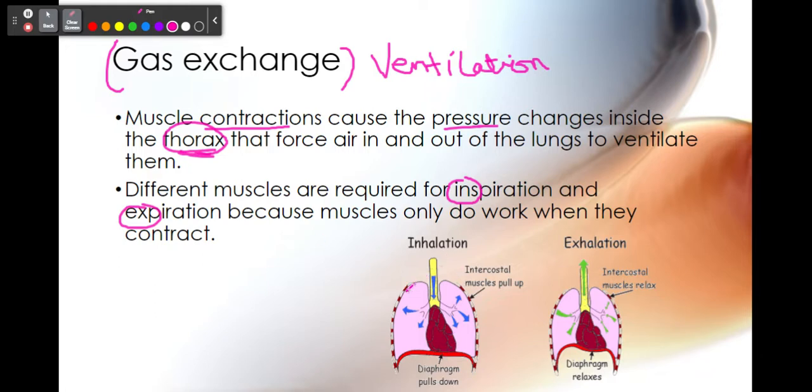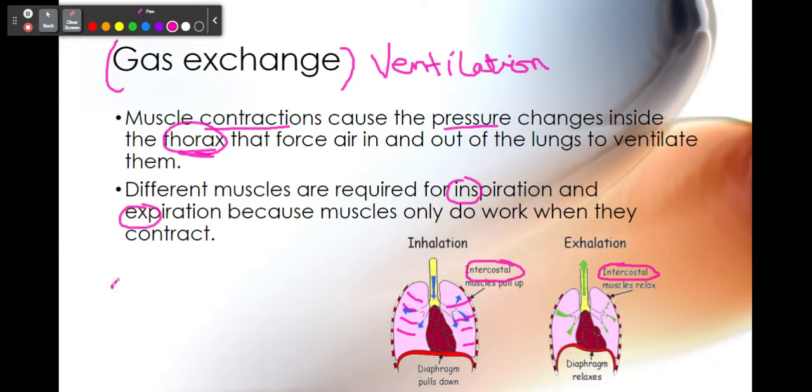So we've got these ribs. Imagine that ribs are here, and we have muscles on the ribs. The muscles on the ribs are called intercostal muscles. Some of our intercostal muscles are on the outside of our ribs, and some are on the inside of our ribs.